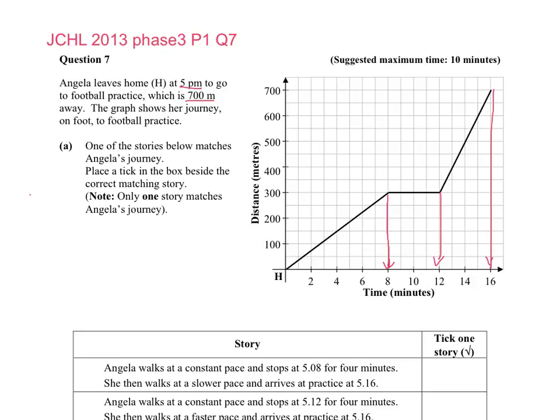Now the key thing is to appreciate with this horizontal section, it's when this person is stationary. So they're stationary from 8 minutes until 12 minutes. There's an amount of time of 4 minutes.